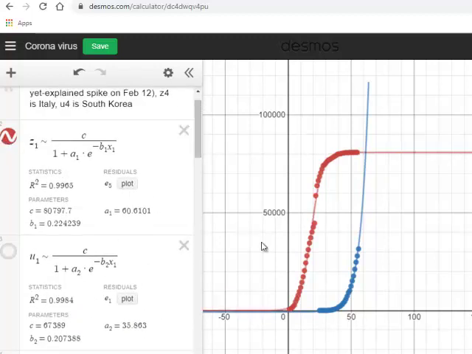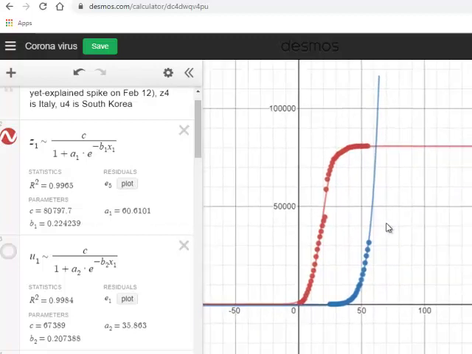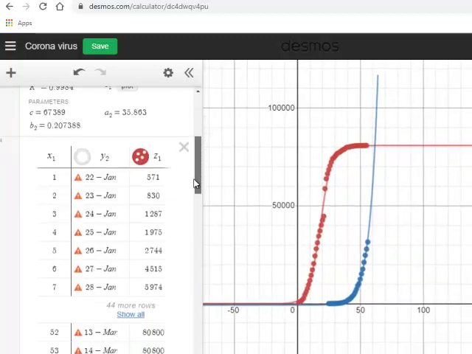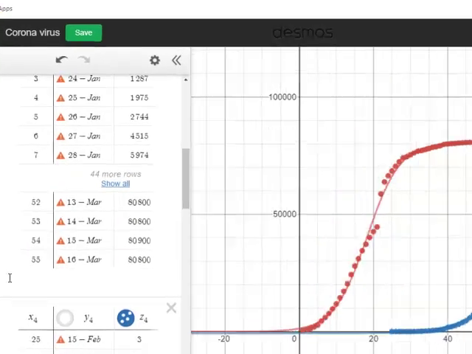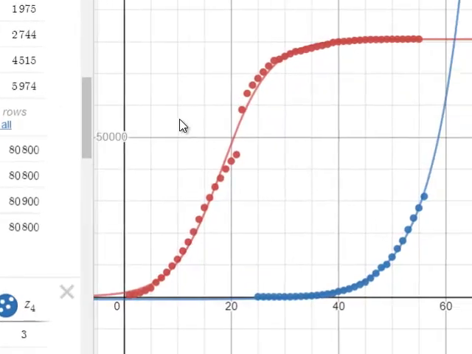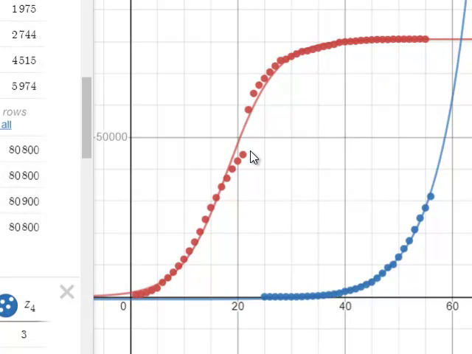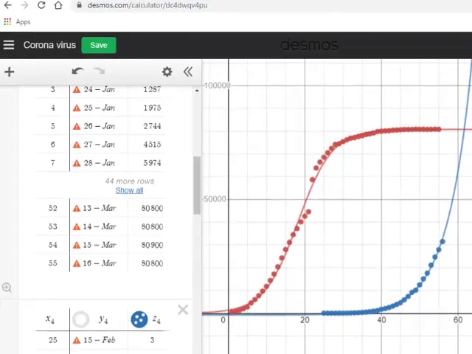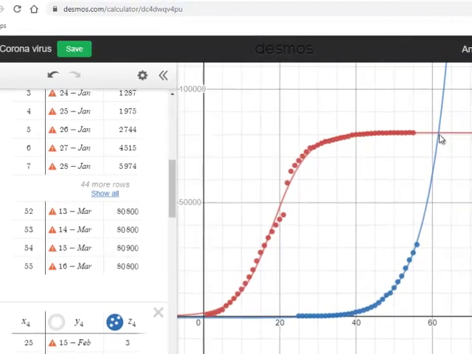I will do China later because this is a logistic curve. I don't know why there's such a big gap, but I'll talk about that later. Yeah, the unfortunate thing here is that Italy appears to actually catch up to China as far as infections are going, and I hope that they're going to get it under control soon.